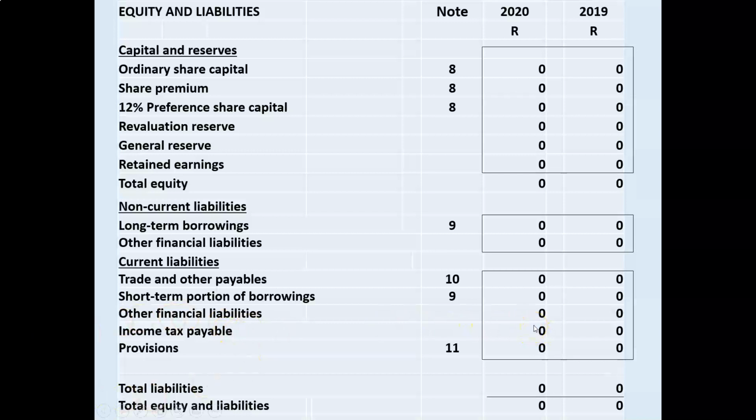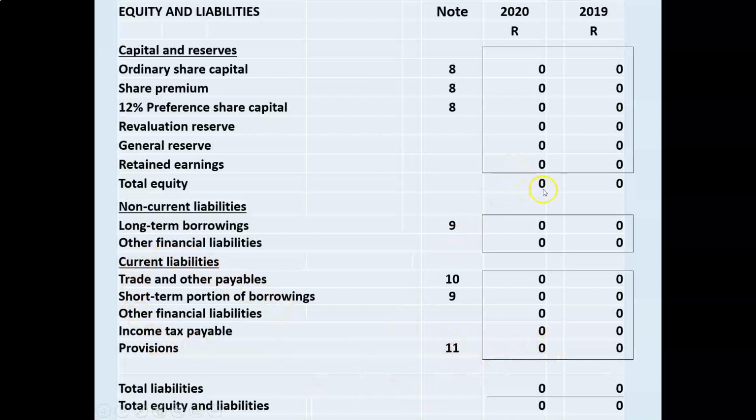We would have reduced our net profit before tax for the year. It was 100 less 28, so 72 would have been our retained earnings for the year. So the 72 would have been part of the retained earnings. Provisions, we're not really going to do provisions this year, so you will come across that next year.